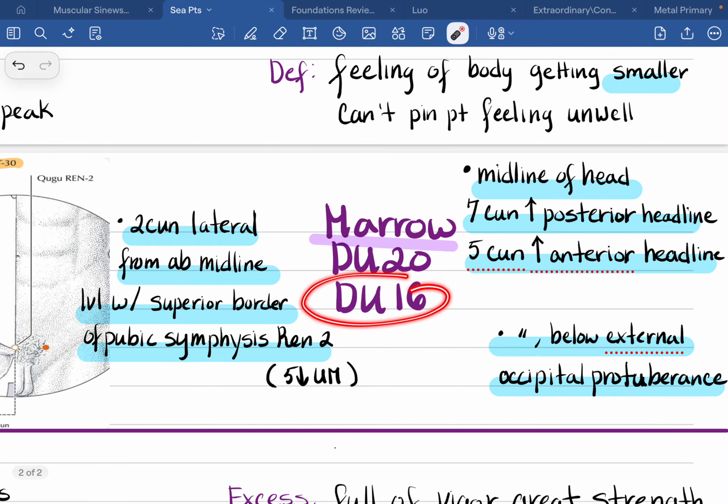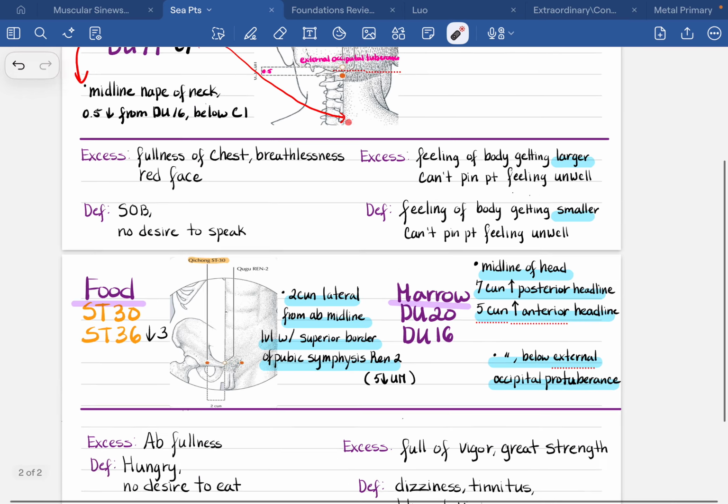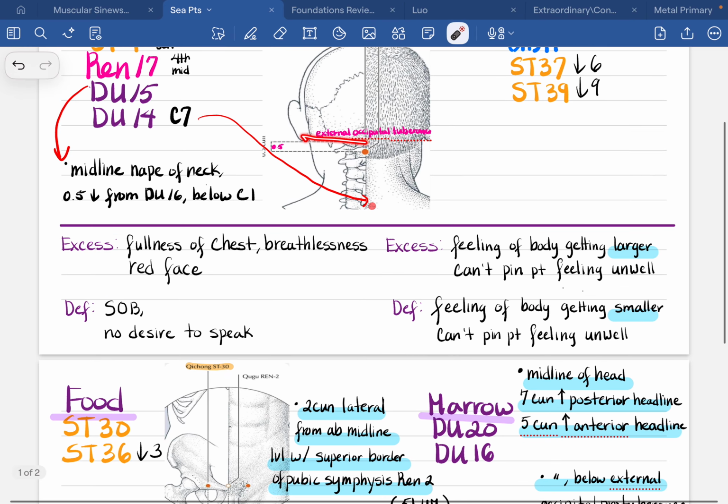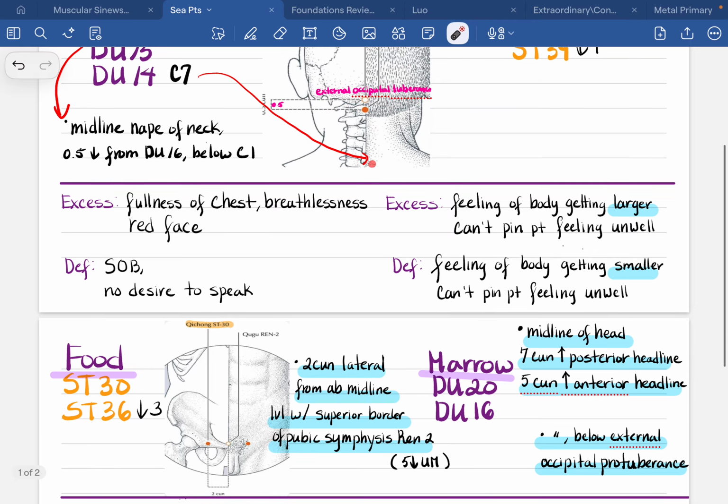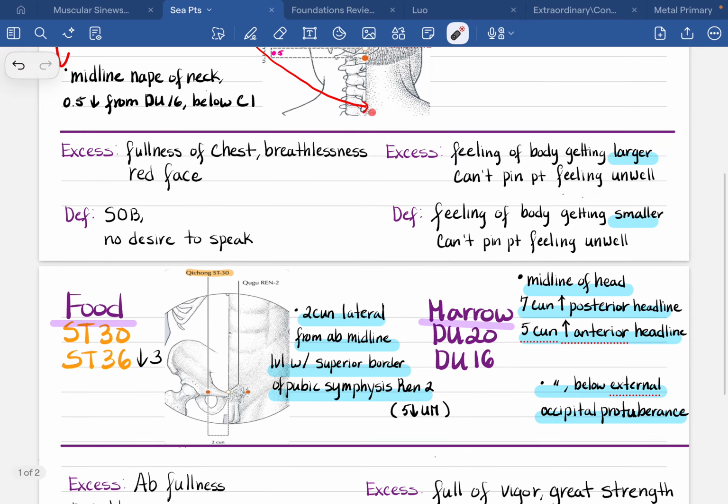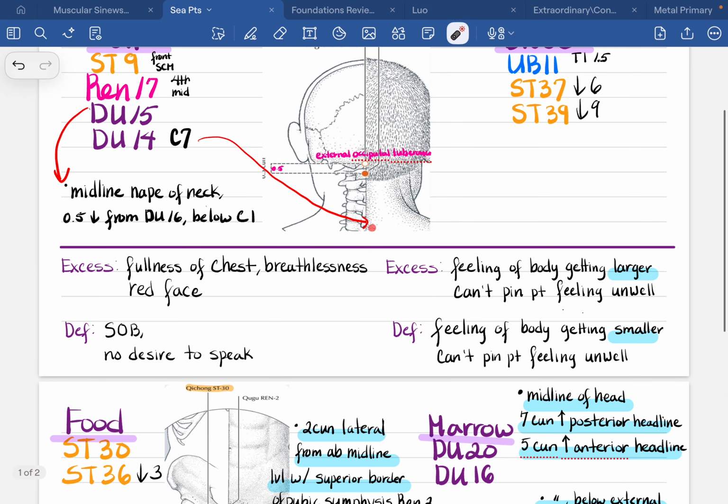Now, Du 16, we went over this before. If you need the picture, you see the external occipital protuberance. So it's in the midline of the head again, but it's below the external occipital protuberance, and that's where this comes from. So Du 16 is for the marrow, then Du 15 and 14 are for the chi, right?